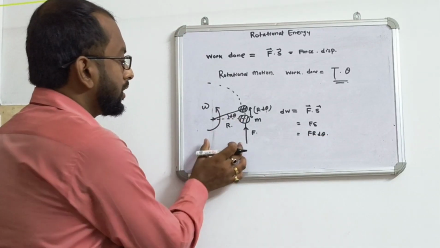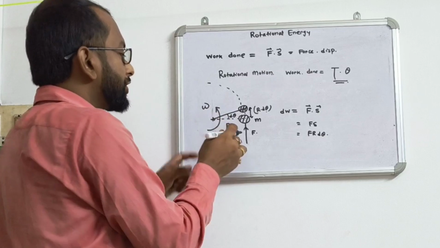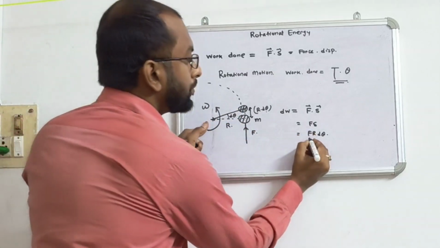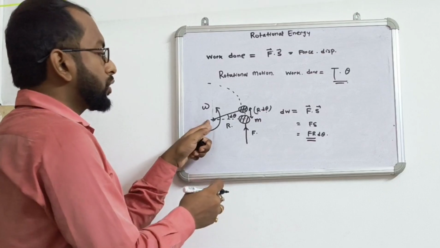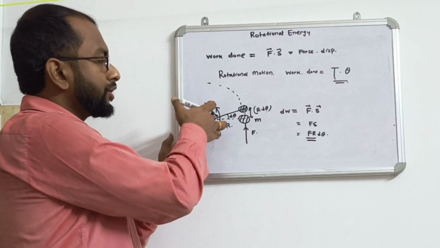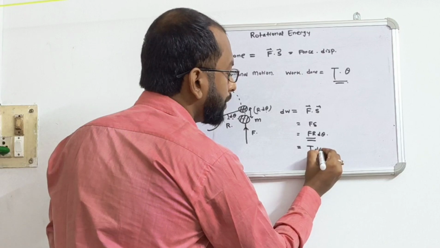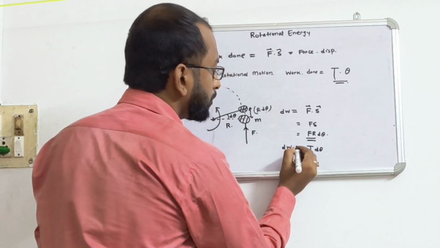Now see, with respect to this axis of rotation, F into r, this term is the torque with respect to this axis or with respect to this point. So we'll write it T into d theta, small work dW.